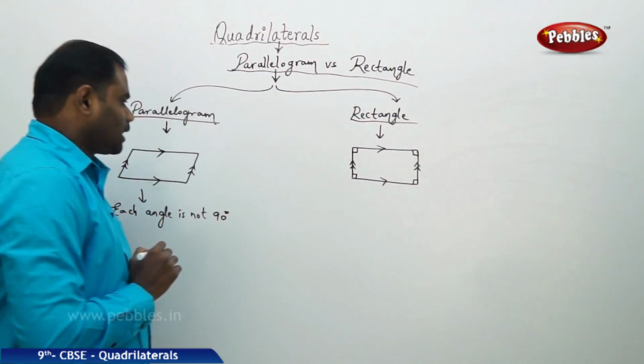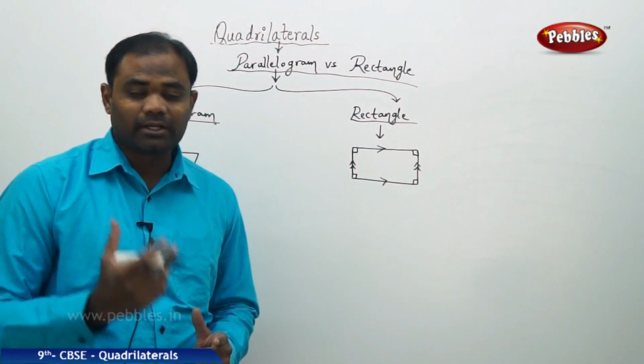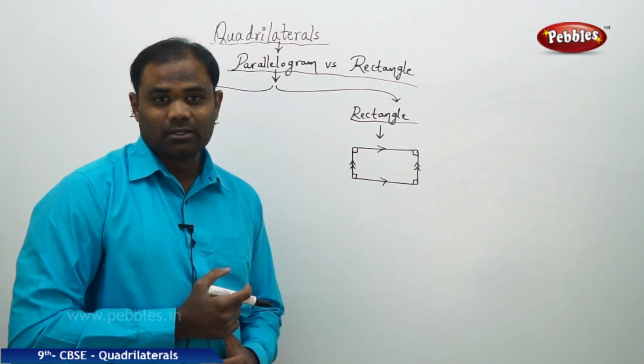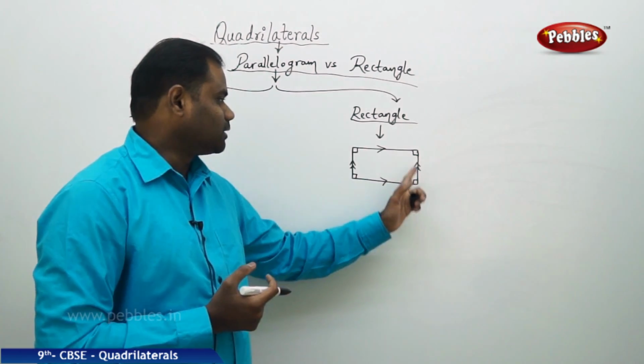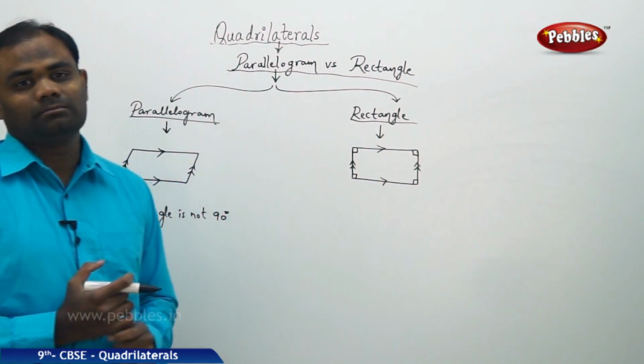Therefore, I can see that opposite sides are parallel is the only condition for a parallelogram, and since in a rectangle opposite sides are parallel, irrespective of the condition that each angle is 90, every rectangle is a parallelogram.